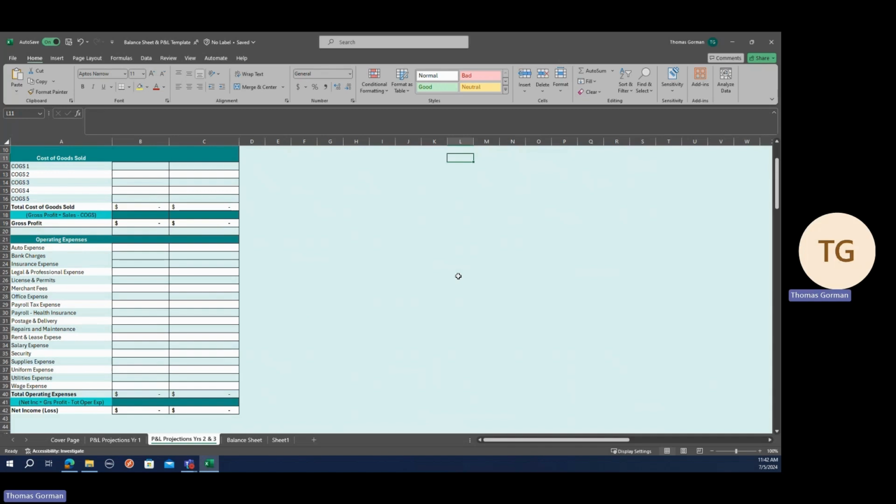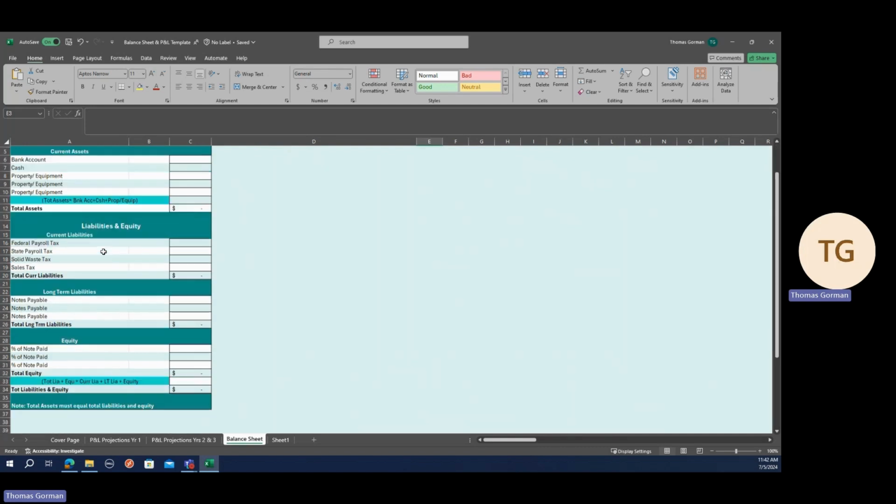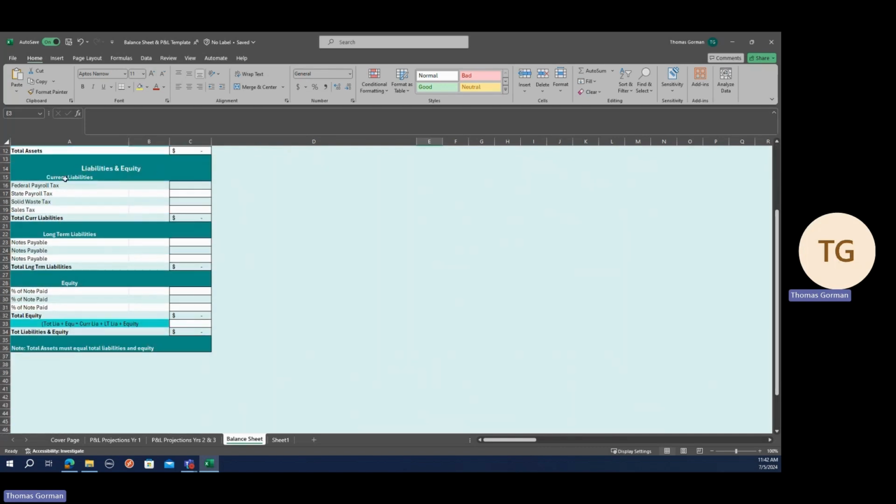And then we want to look at your balance sheet, which would look like this with your assets listed up at the top. Down at the bottom, we have liabilities, long-term and current, and the equity that you have in those assets.